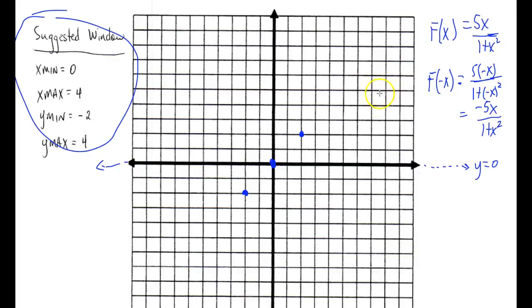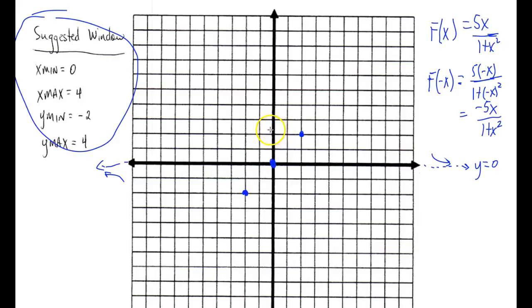And so some of the other things that we know here is that, of course, we have this horizontal asymptote, so our graph is going to eventually have to kind of go like this here, and we know that since it's odd, this part is going to be above the x-axis, and this part will be below the x-axis.